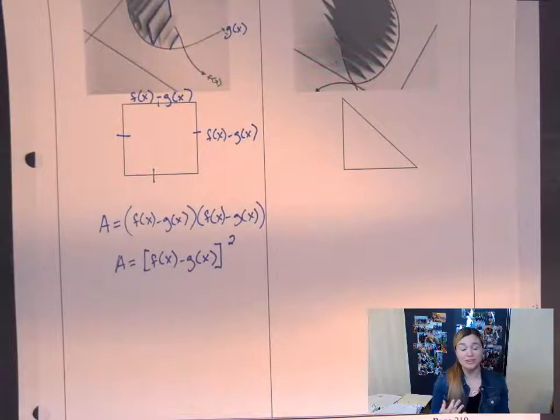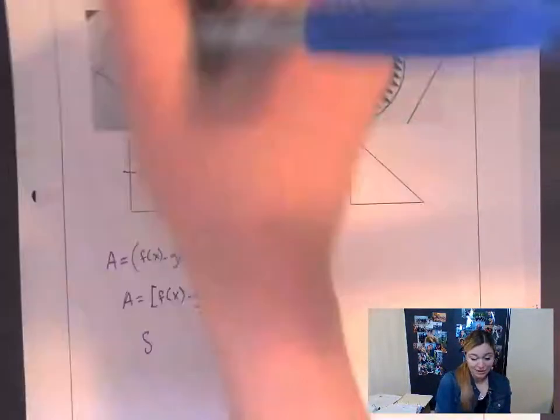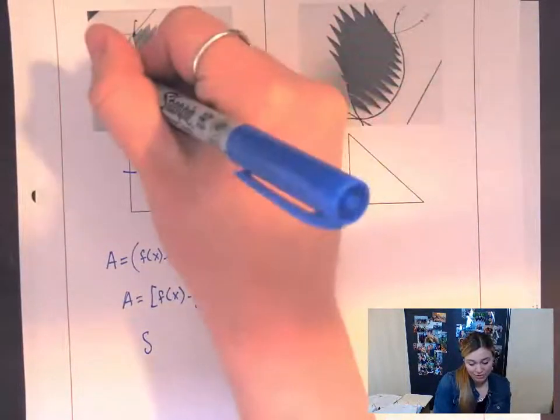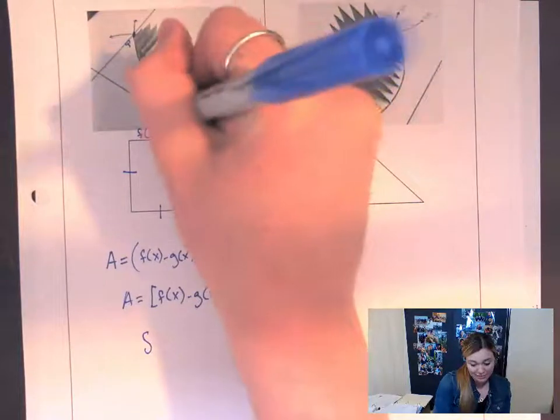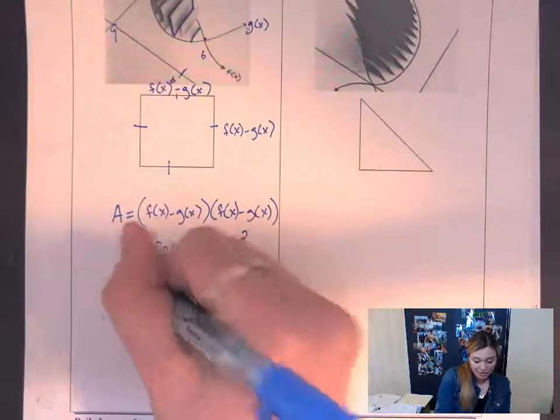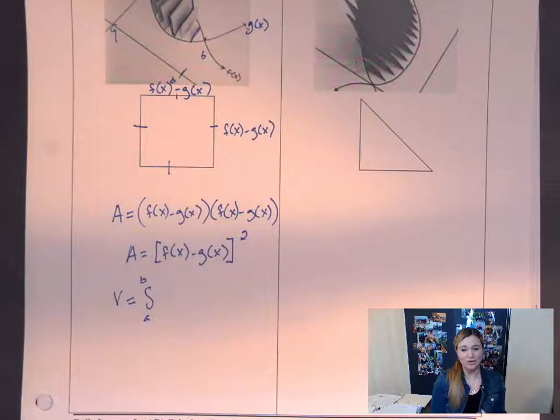In order to turn this area into volume, I have to integrate between a and b, wherever a and b are, the x values. Between a and b, I don't need a pi outside this one because I'm just taking the area of squares and integrating that.